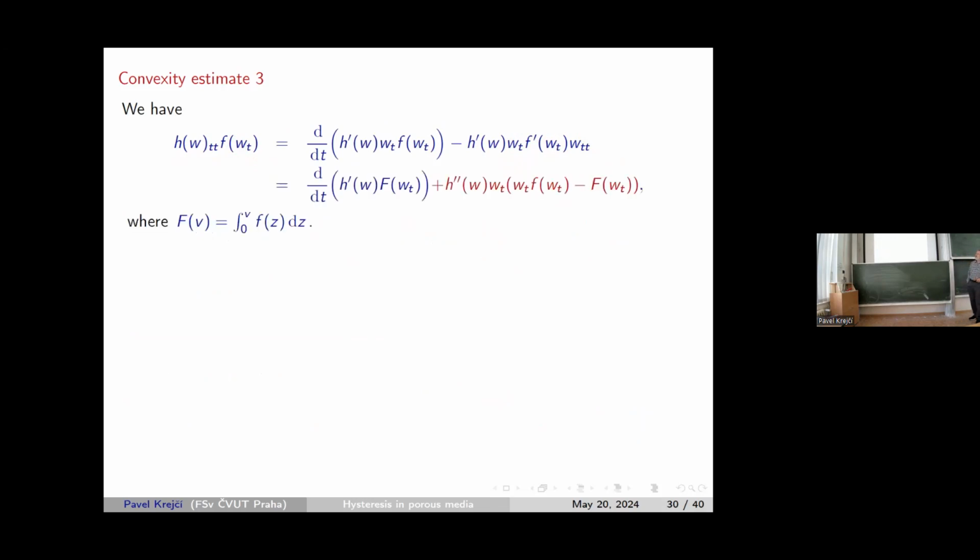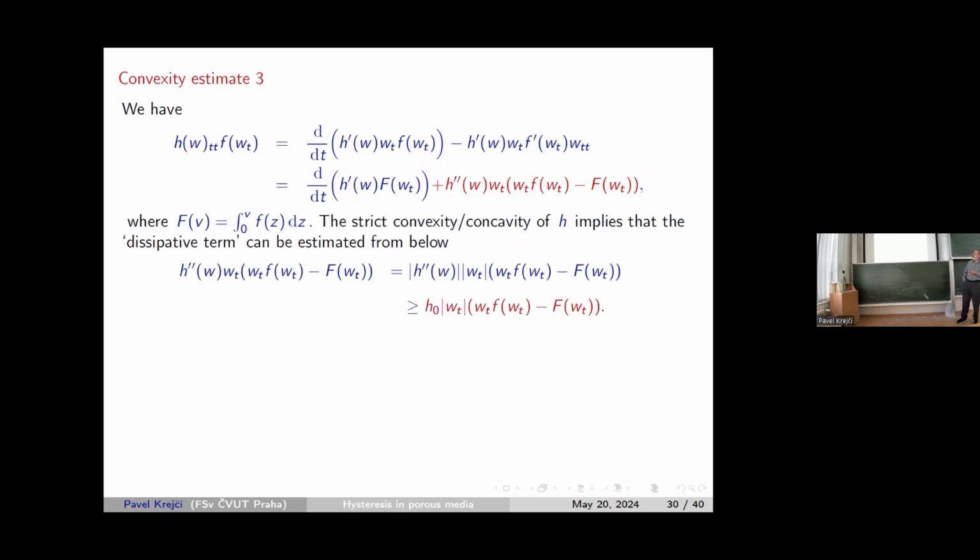What we get is d by dt of something that I would like to call the energy supply to the system. This is something that I would like to call the derivative of the free energy, and this is something that I would like to call the dissipation. Capital F is the antiderivative.